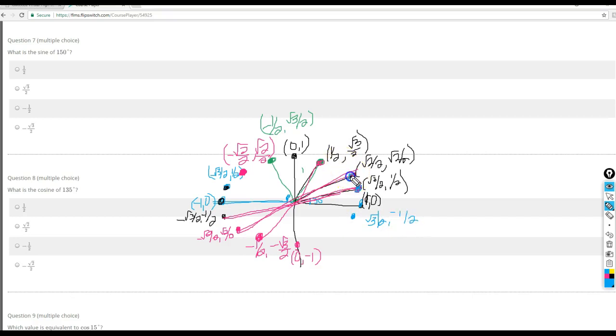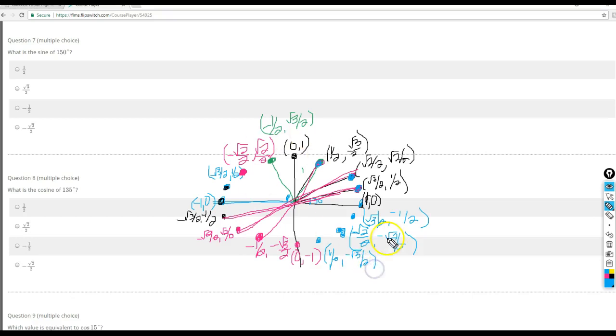And if I were to reflect the point made by the reference angle of 45 degrees, it would land right here, and it would be square root of 2/2, negative square root of 2/2. And then again, we would reflect this one about the x-axis, which gives us 1/2 and negative square root of 3/2.